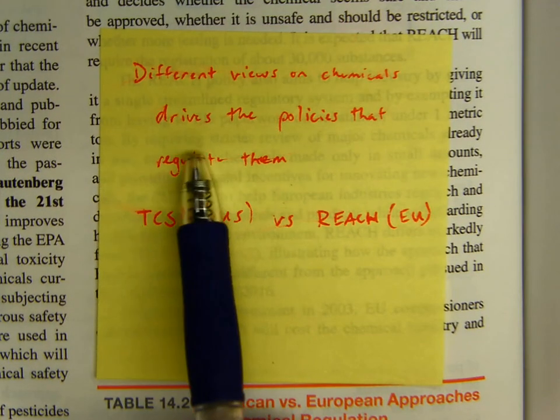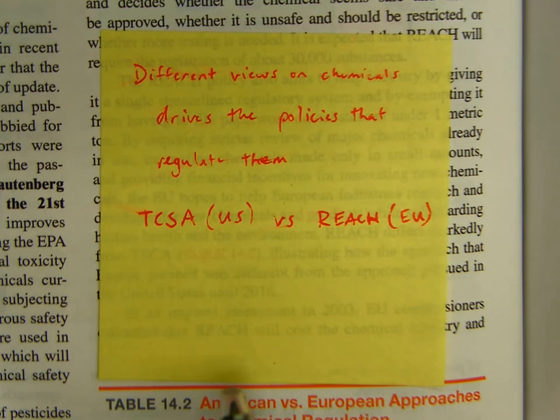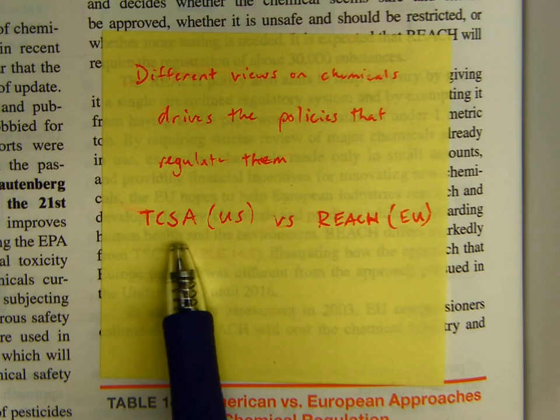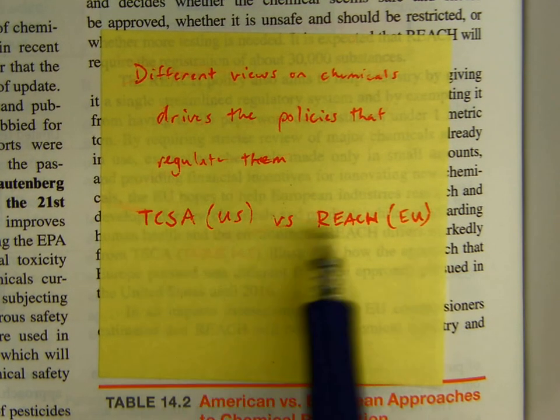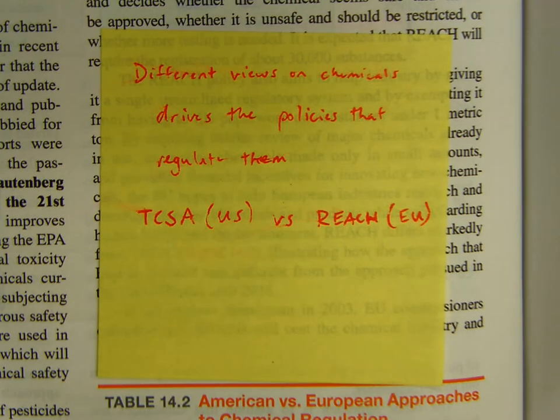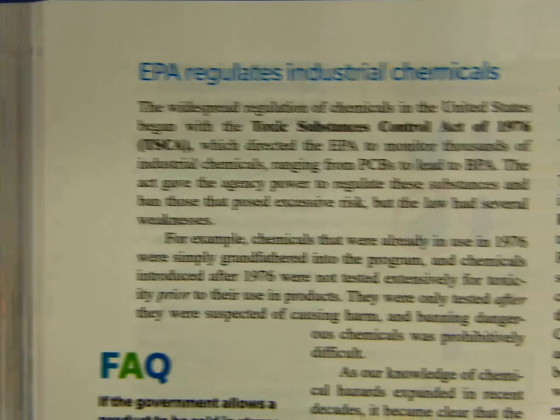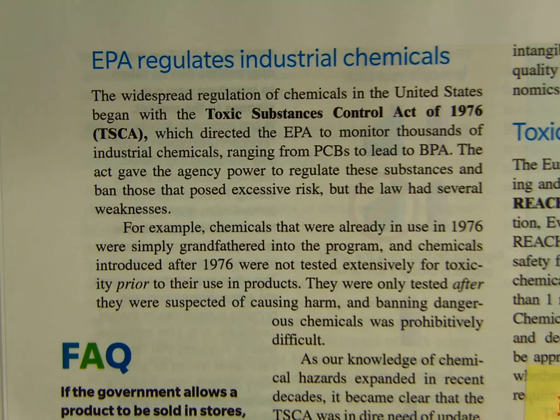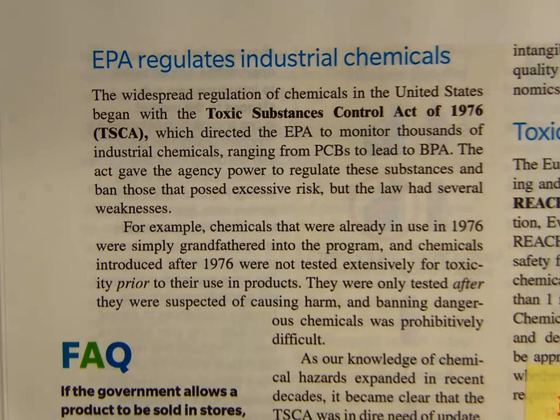Different views on chemicals drive the policies that regulate them. There's the TSCA in the US versus REACH in the EU. Up here, top left-hand corner, they go into the Toxic Substances Control Act of 1976. That basically makes it so the EPA has to monitor thousands of different chemicals, which is good, but also bad at the same time.